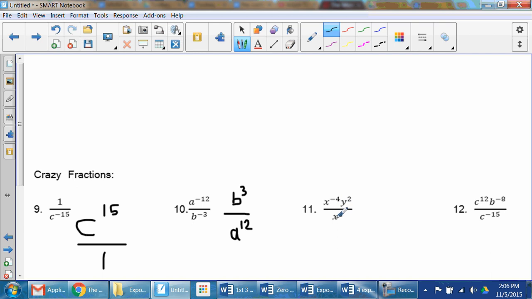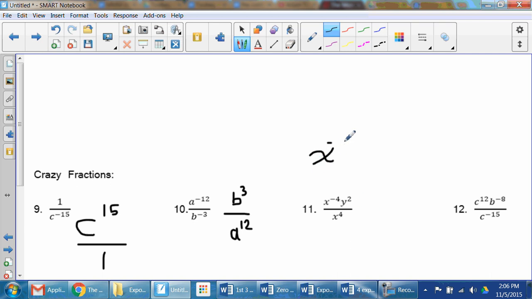We've got a to the negative 4, y to the 2nd, over x to the 4th power. Now there's a couple ways you can think about this one. One is, which has more, top or bottom, and by how many? There's more x's on the bottom by 8. Or you can do the original dividing powers with like bases. You subtract their exponents. Negative 4 minus 4 gets you negative 8.